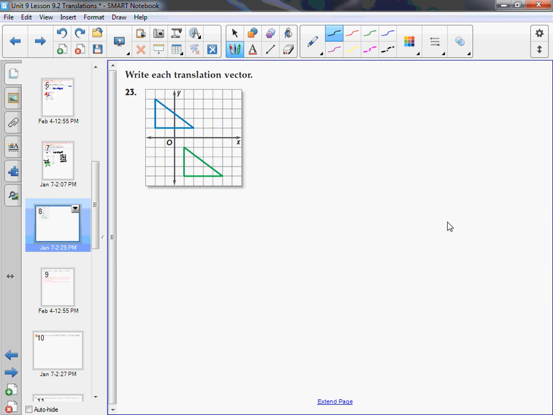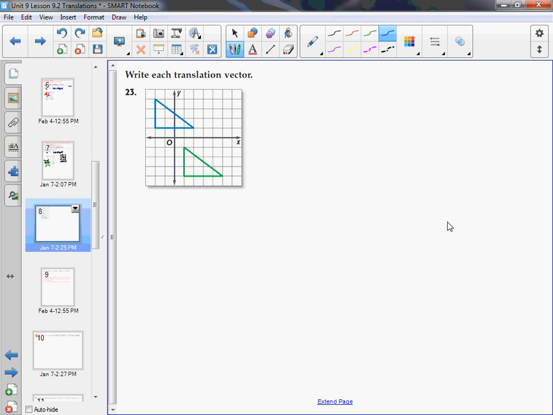All right, number 23. So I'm all the way over on page 628. Number 23 says to write each translation vector. Well, it depends on which one's the pre-image, doesn't it?